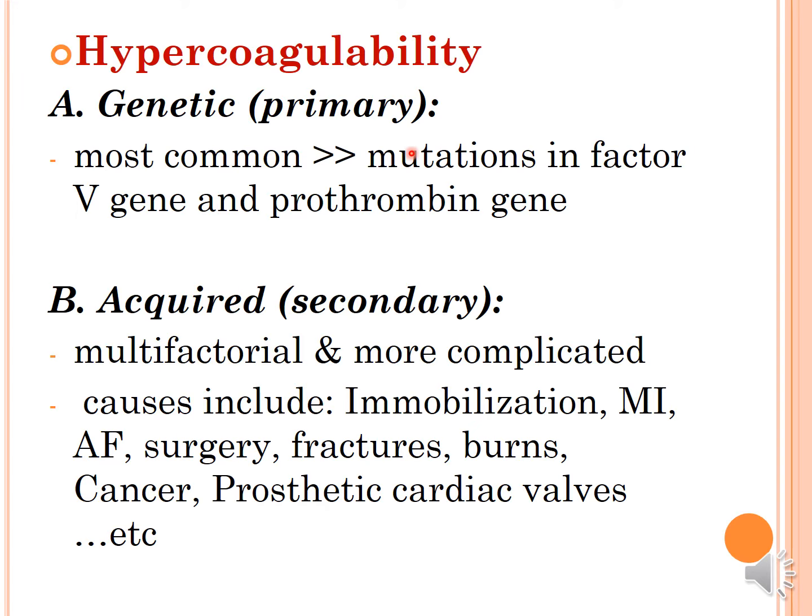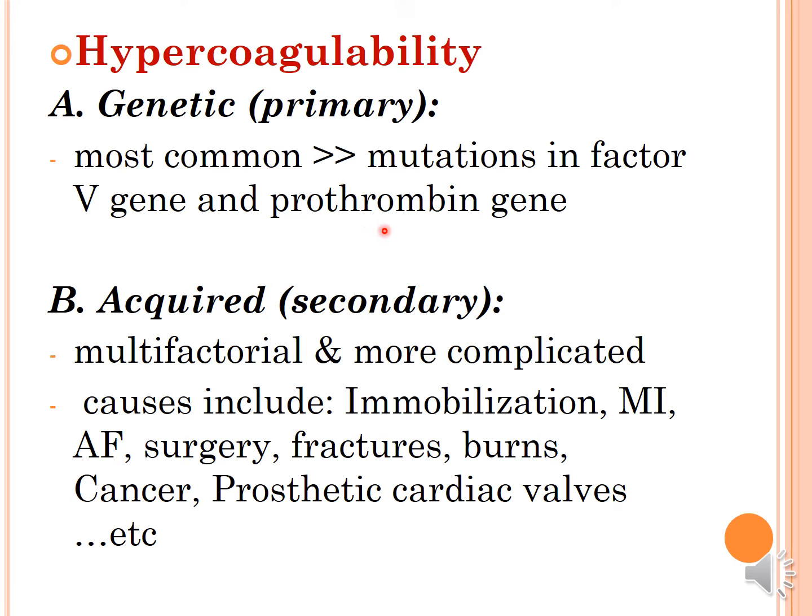Genetic or primary hypercoagulability usually results from mutations in genes that are involved in coagulation, like clotting factors or clotting factor inhibitors. These are rare in general, but the most common of which is probably mutations involving factor V and the prothrombin gene. The acquired or secondary hypercoagulability, on the other hand, is acquired during life.